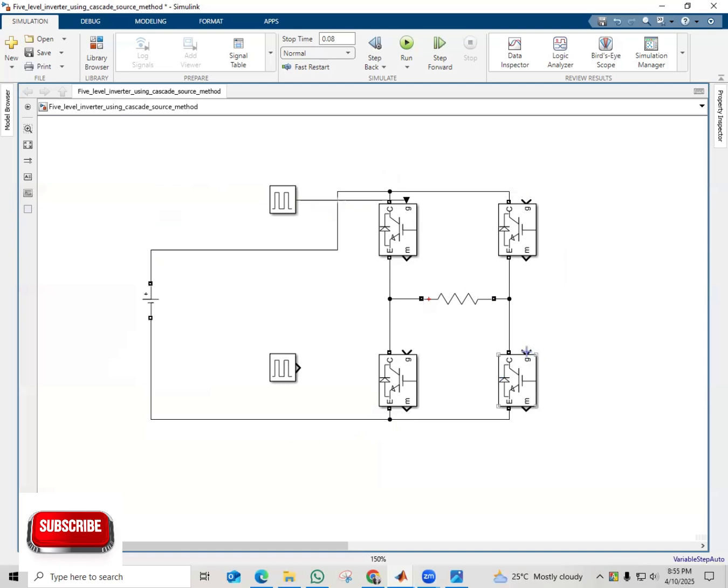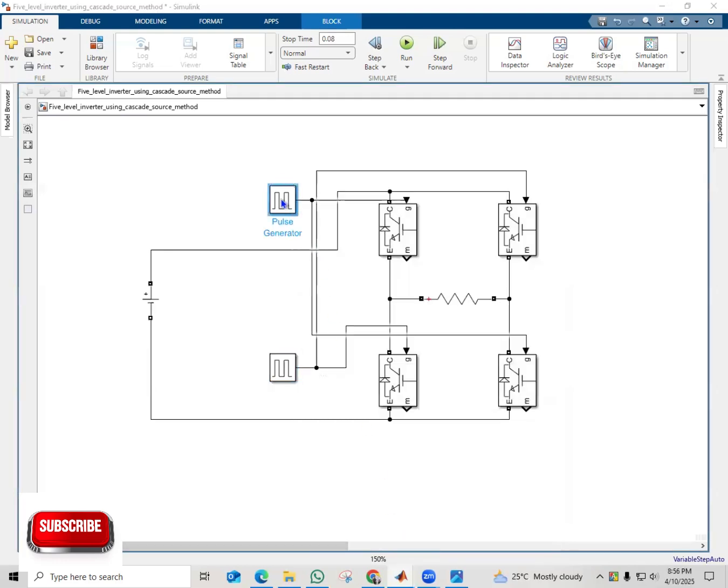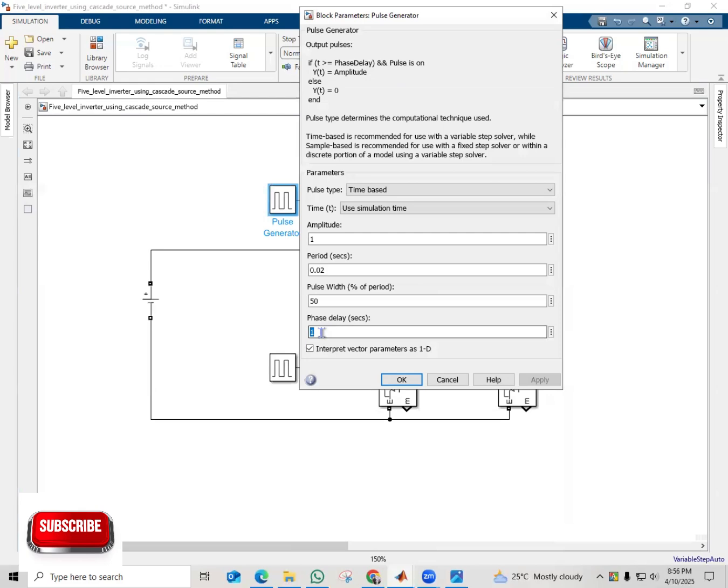Now these two IGBTs will be connected together, and these IGBTs are connected together, and we also set the value here to 0.01, and this value will be set from 0.